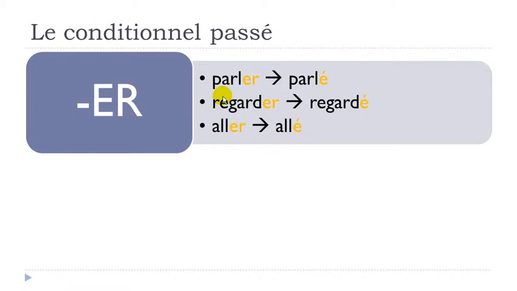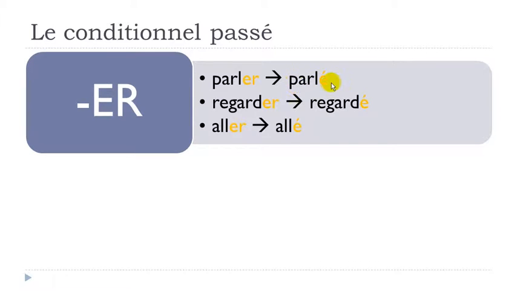Have a look at the first example, parler, to speak, to talk. You can see that it ends with er. This is the infinitive form, the basic form of the verb. And then the participe passé, this past participle, will be like that, with an accent aigu.